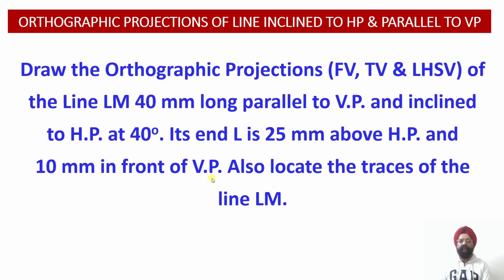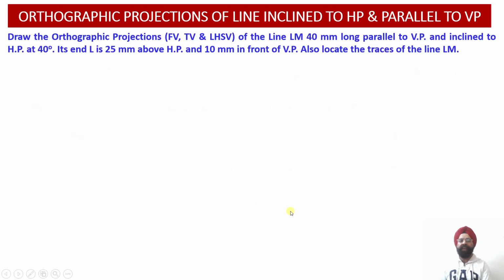So we are required to draw the orthographic projections, that is front view, top view and the left hand side view projections of this particular line LM. And besides this, we are also required to locate the traces of the line LM with the reference planes, horizontal plane and the vertical plane.